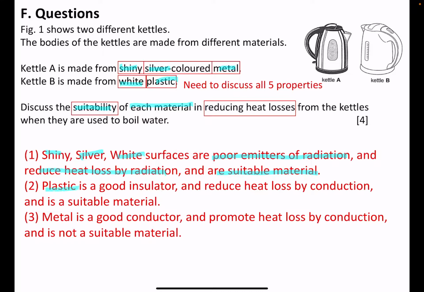Plastic is a good insulator, so it will reduce heat loss by conduction, and also again it is a suitable material. Metal, on the other hand, is a good conductor, and it will promote heat loss by conduction to the surrounding, and therefore it is not a suitable material.